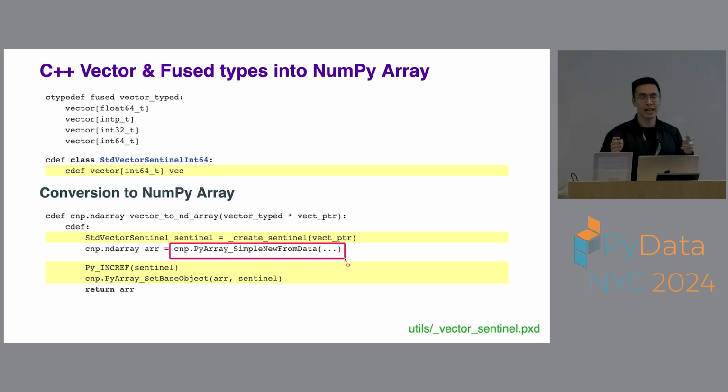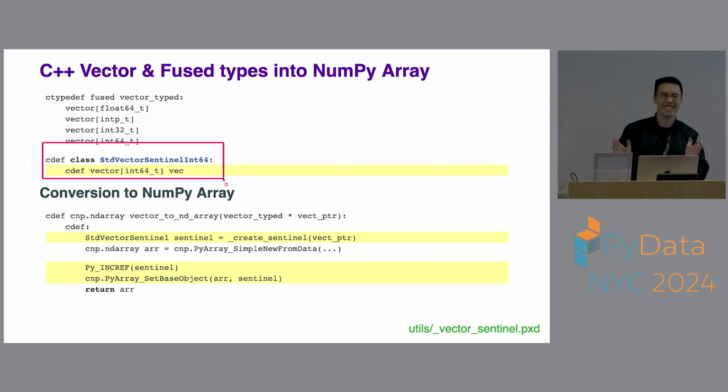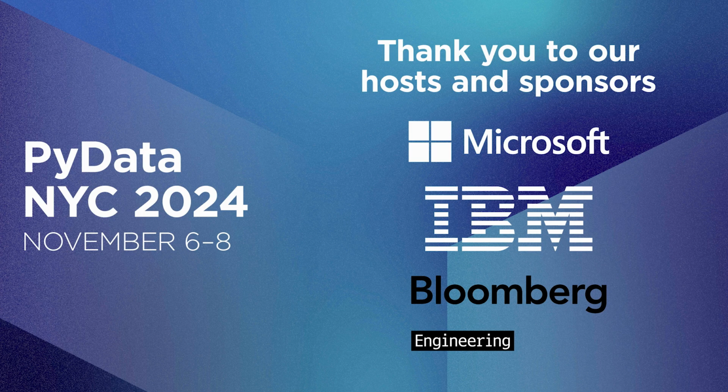Then we tell NumPy that this Sentinel object that wraps the vector is its base object, and that's it. So there's no copy of data. When the NumPy array gets garbage collected, the base object will also deallocate, which deallocates the vector. So we had to wrap the vector in a Python object and a Cython object for this all to work. I don't know many libraries that do this. I think we're one of the only ones that do this. Right, thank you.